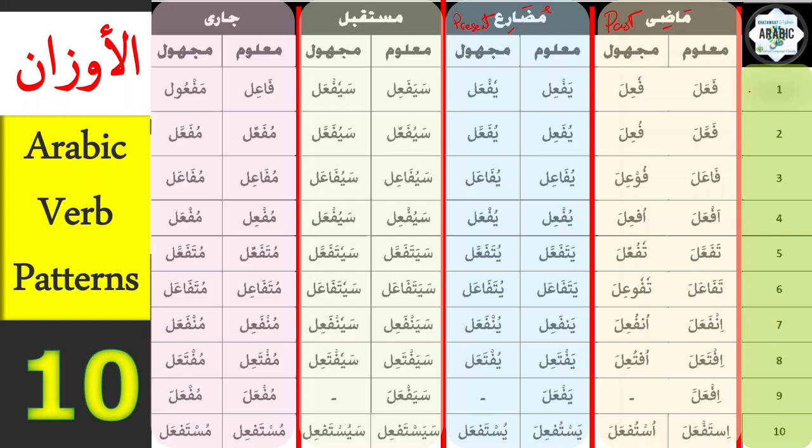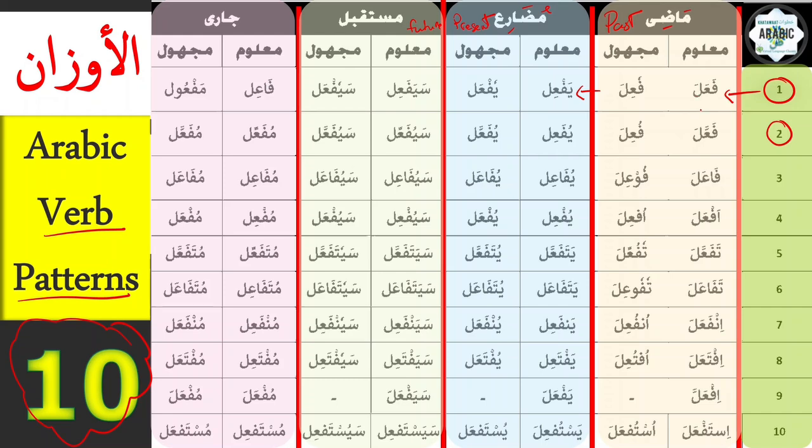And when you're looking at the past, the present, and then the future, you're only looking at form 1 or 2, not the entire verb conjugation. So again, this chart is only for Arabic verb patterns and the 10 patterns only, not their conjugation.